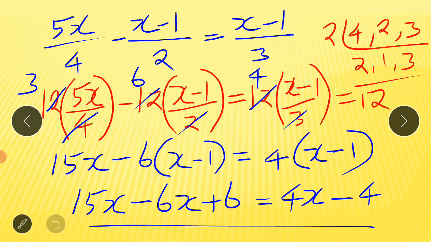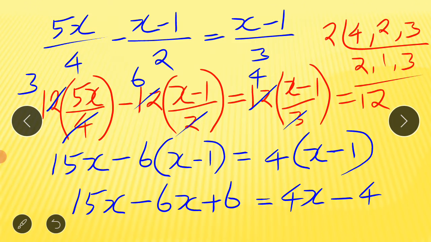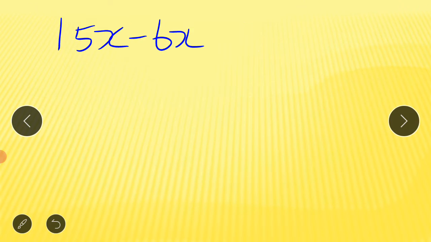Further, we keep the variable terms on the left hand side and the constant terms on the right hand side. So on the left hand side the variable terms: 15x minus 6x, because on the left hand side there are no changes. Then the 4x from the right hand side, when we bring it to the left hand side, becomes minus 4x by transposition.